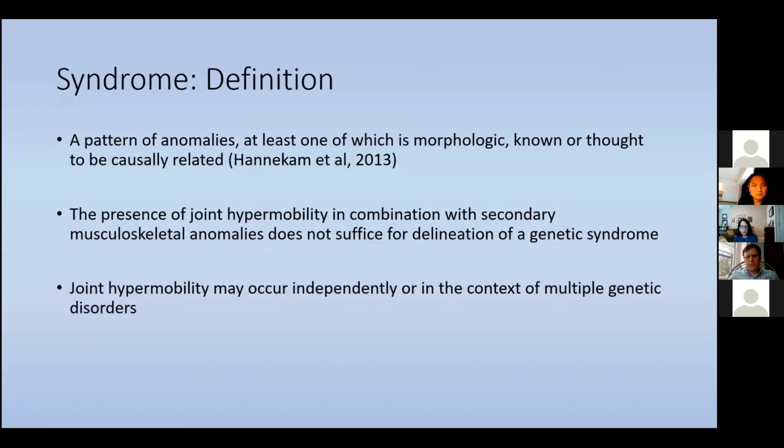And when the committee that was looking at the hypermobile type of EDS back in 2016 and 2017 thought about this, they recognized that the presence of joint hypermobility in combination with secondary musculoskeletal anomalies does not suffice for delineation of a genetic syndrome, and that the joint hypermobility may occur independently or in the context of multiple genetic disorders.